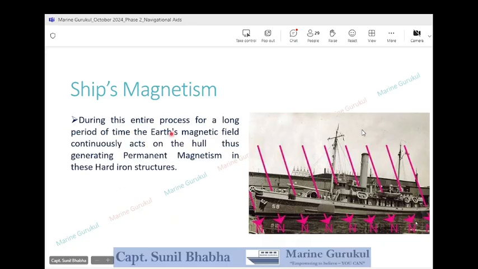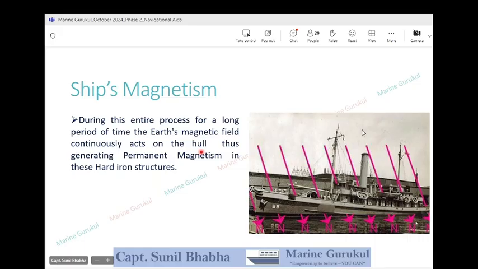Now during this entire process, which happens over a long period of time, it may take 1 year or it may take 6 months for the ship to be built. So during this long period, the Earth's magnetic field continuously acts on the hull in the same direction or the same orientation.